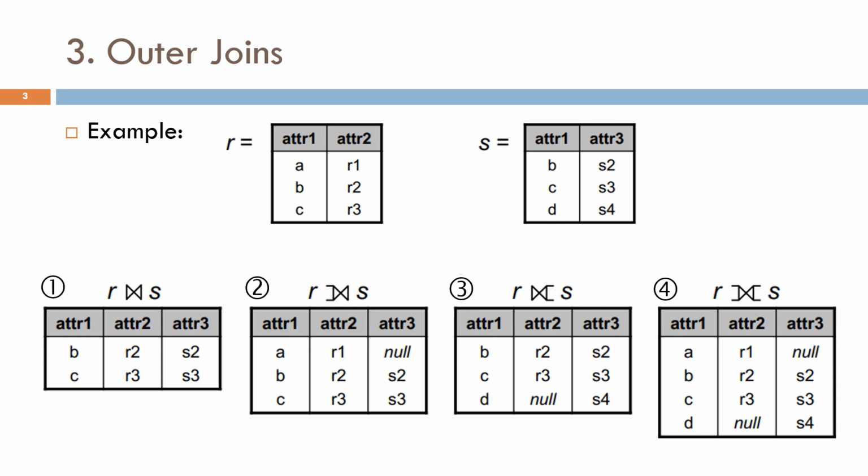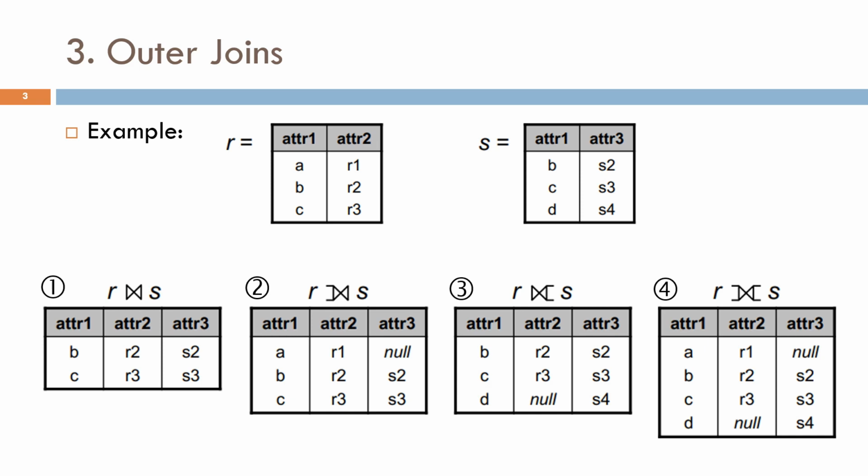If a common attribute between R and S, attribute 1 from R, matches attribute 1 from S, the tuple is included. If a common attribute has a null value, those tuples are excluded from the natural join result.